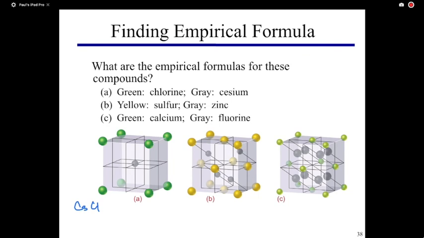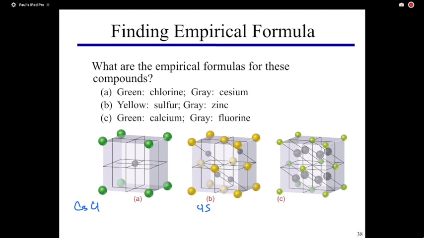How many sulfurs are there? There are 4 sulfurs, right? Because it's face-centered. Each corner has an 8th, so I get 1. The face, top and bottom, that's 1. Side to side, that's 1. And front and back, that's 1, so 4.